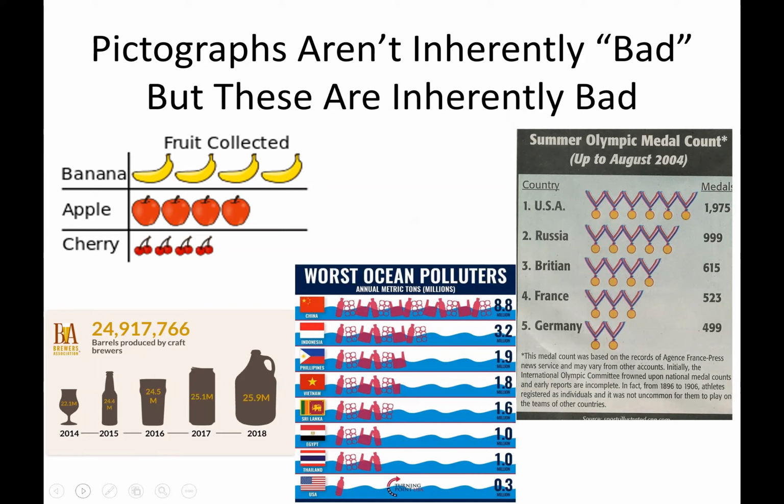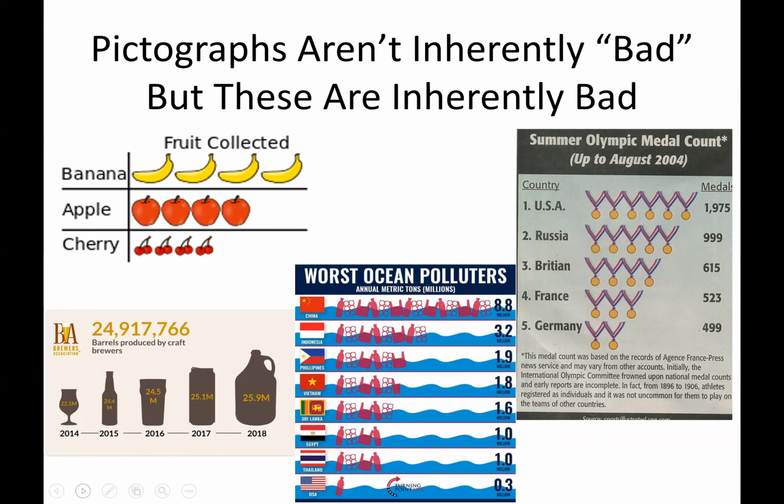So looking through the different examples here, what you see is the differences in the graphics don't line up with the numbers. So in the fruit collected, it should be 4 of each, and we're seeing different widths there.